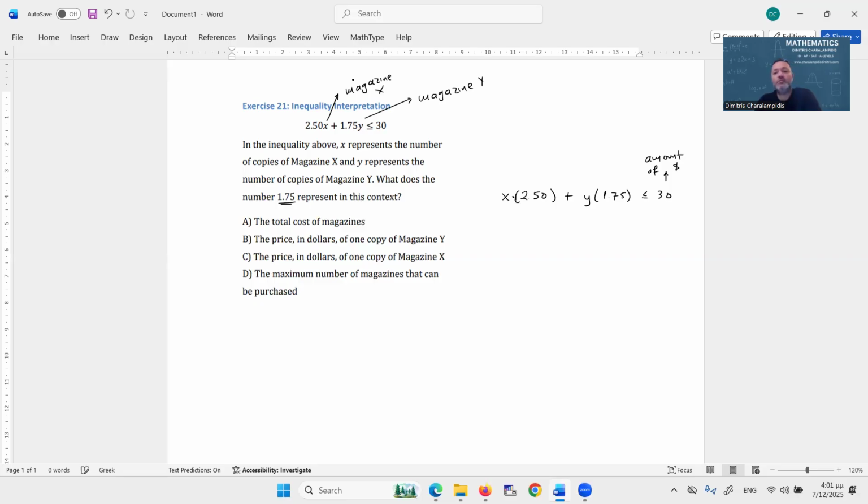And since we multiply x by 2.5 and y by 1.75, it seems that 2.5 and 1.75 are the corresponding amounts of dollars one would need to buy each one of these magazines. So 2.5 is how much each magazine X costs, and 1.75 is how much each magazine Y costs.